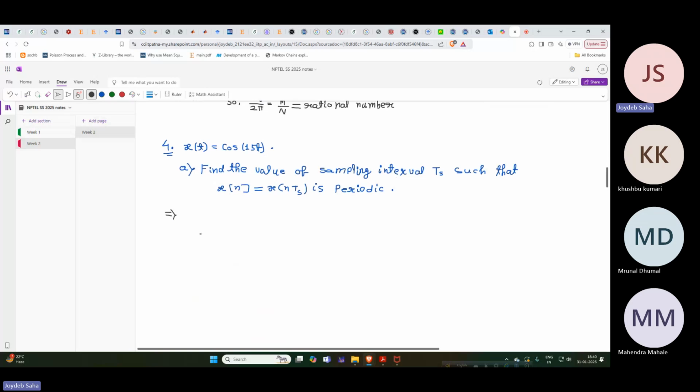Okay, so let's try to solve this problem. This is a very simple question. First we will calculate the fundamental period of x(t).